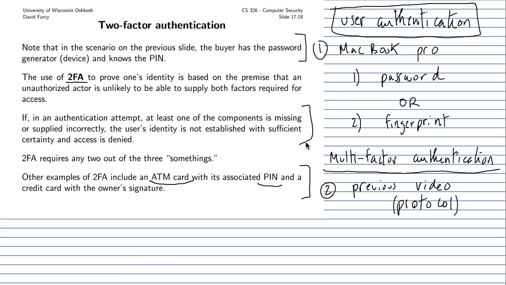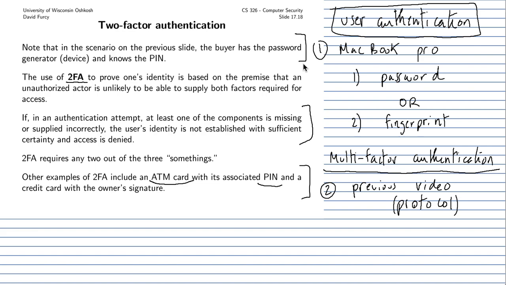Obviously, the advantage of this approach is that it is more secure, because the attacker has a much harder time impersonating a user. Instead of having to obtain only their password, they have to do that and also obtain their ATM card or their password generator device, and so on and so forth. So this is clearly a step up in terms of security.